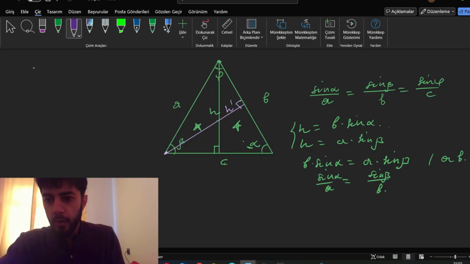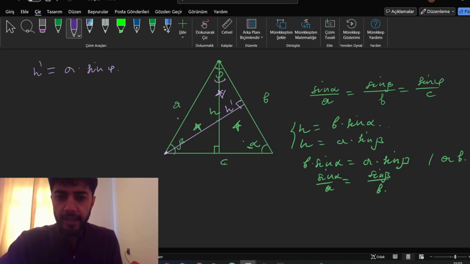Let's find our h prime here. h prime is going to be, for this right triangle, a times sine phi, because of this angle, and for this other right triangle, c times sine alpha, right?